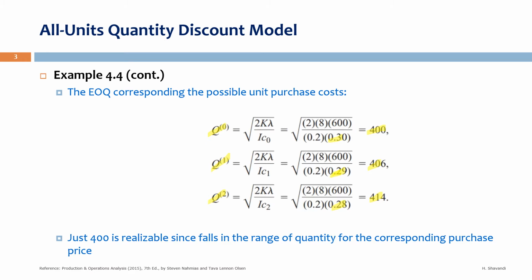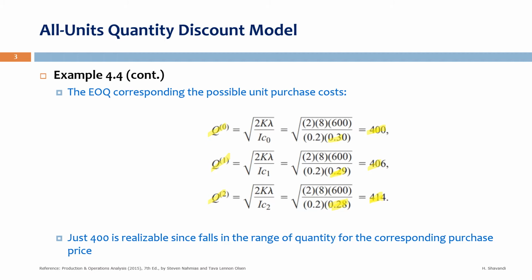But in order to have 29 cents, the order should be greater than 500, right? So it's infeasible. And for the third one, with 28 cents, the quantity should be greater than or equal to 1,000, but here it's not. So again, it's impossible. The only one that is feasible is the first one, because the quantity lies between 0 and 500.